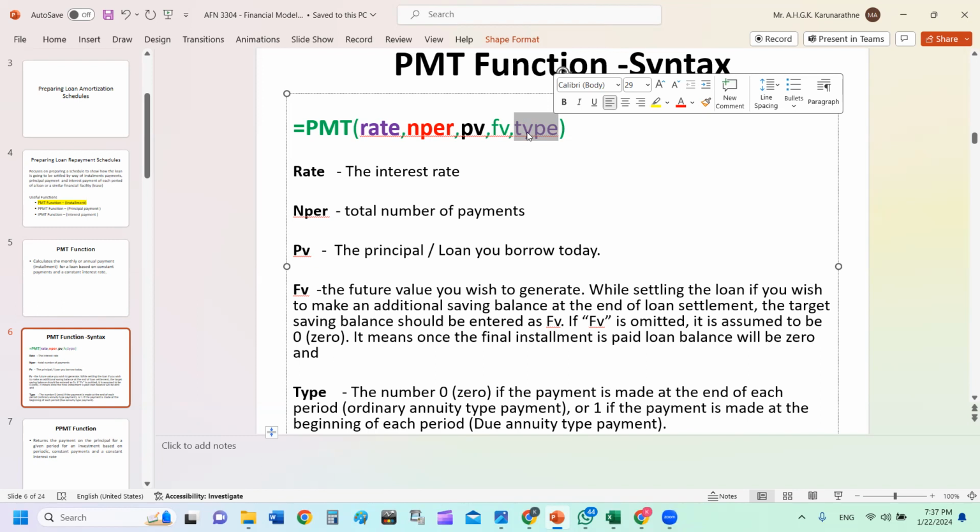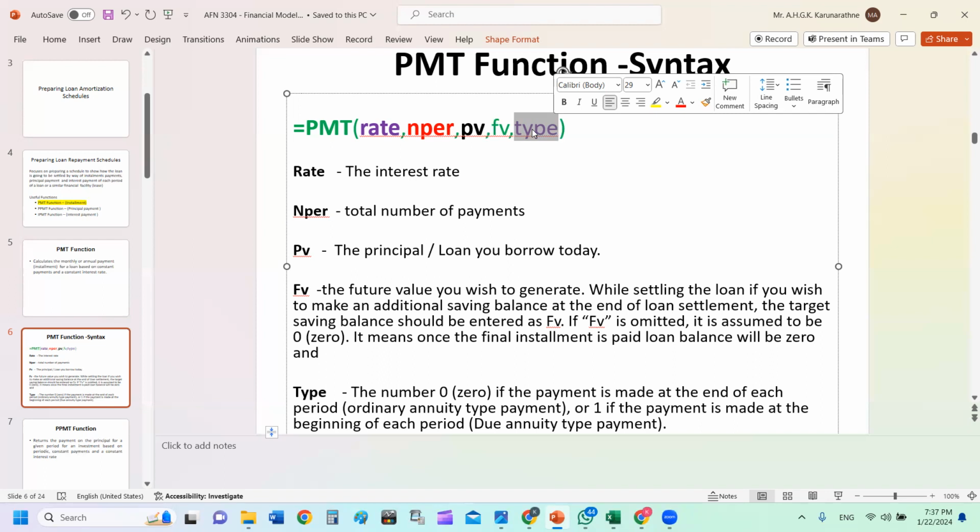So in most loan scenarios, your installment payment occurs at the end of the period. So accordingly, you insert zero in most cases if you repay the loan at the end of the period. But if you start repaying the loan at the beginning of each period, you need to insert 1.